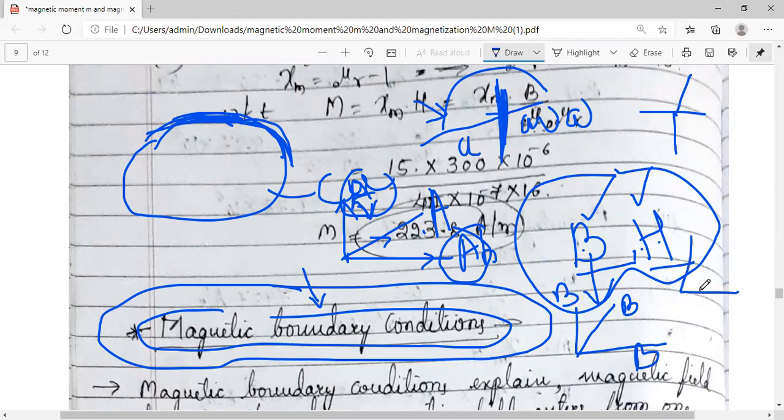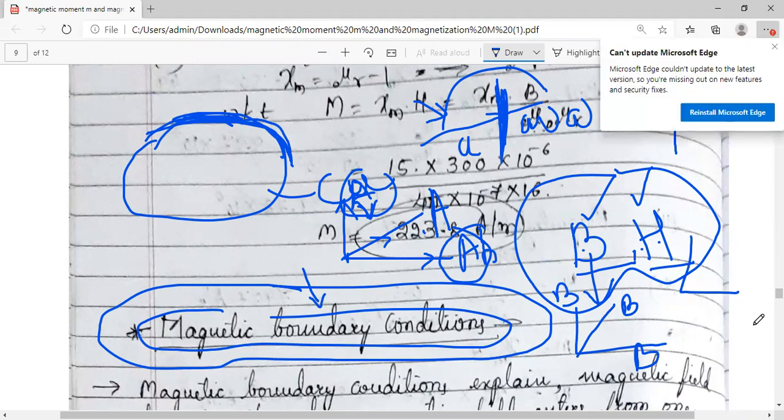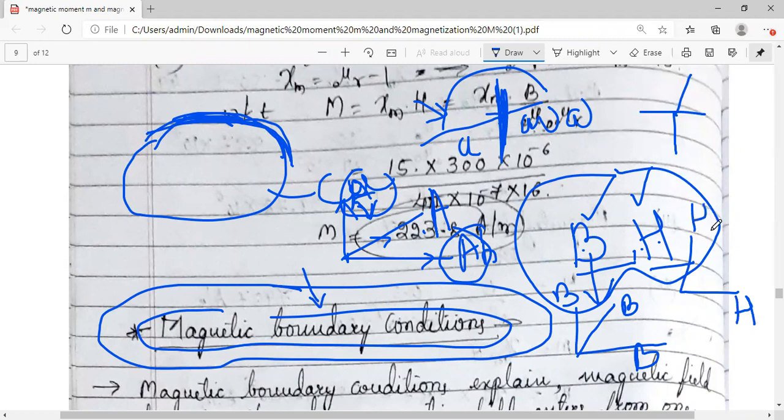H will also have, at the boundary, a horizontal component and a vertical component. I have not named it. Generally in vector analysis, vector calculus, you take H and V, where H indicates the horizontal and V indicates the vertical component. Now when we talk about magnetism, this horizontal component we call the tangential component.